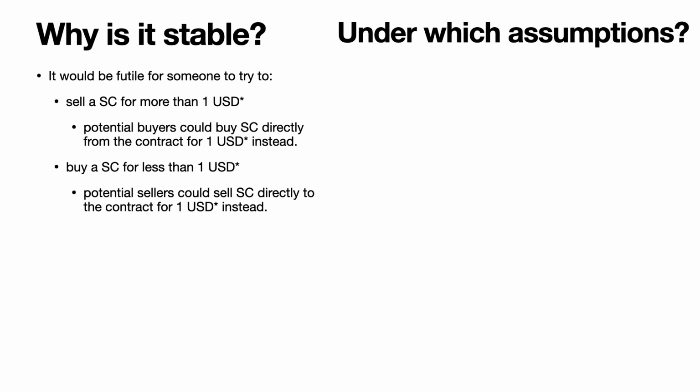Under which assumptions is it stable? So the assumption that the reserve ratio is greater than the minimum reserve ratio threshold, and that's because if this is not the case, then buying stablecoins directly from the contract is not enabled anymore. This is a situation that may happen when there's too much demand for stablecoins, but not enough reserves. So you may end up having to buy your stablecoins in the secondary market for a price that is higher than $1, because the contract wouldn't be selling it to you for just $1.